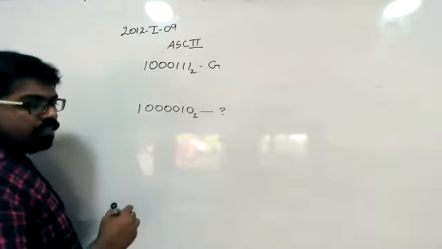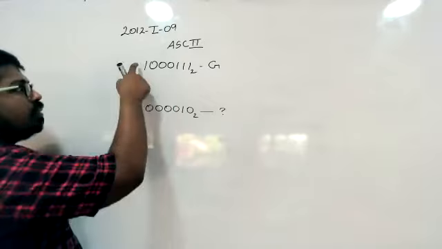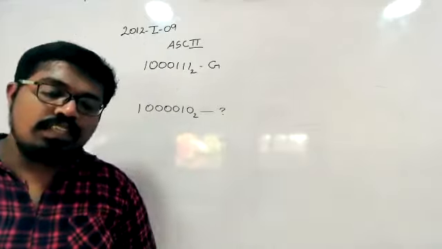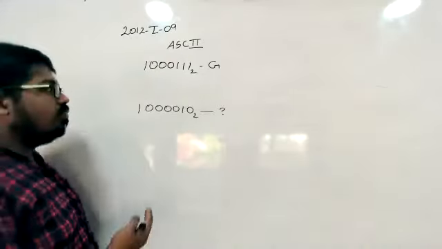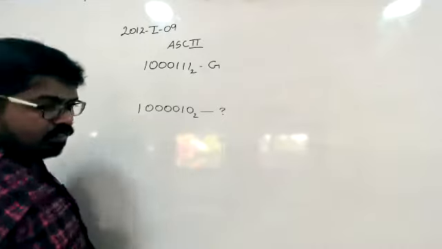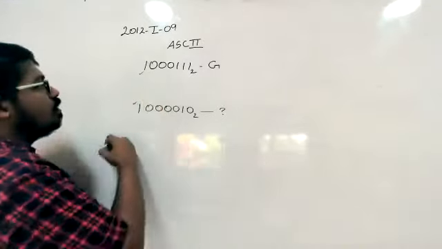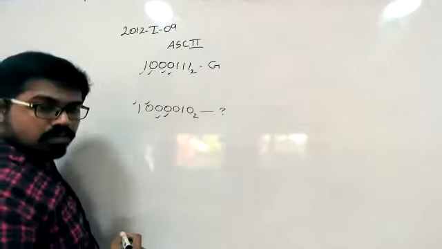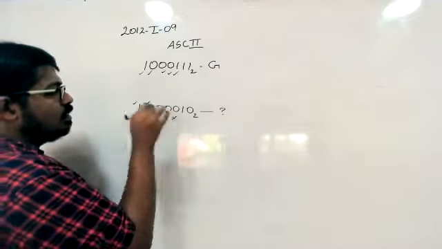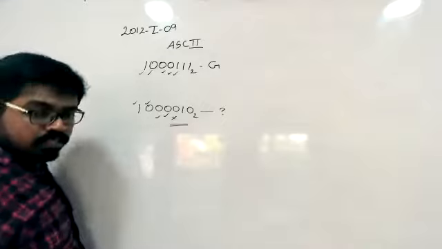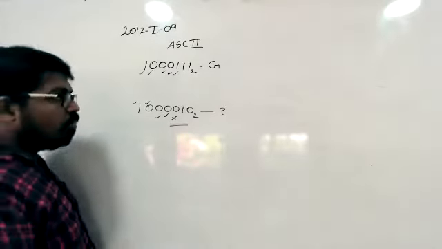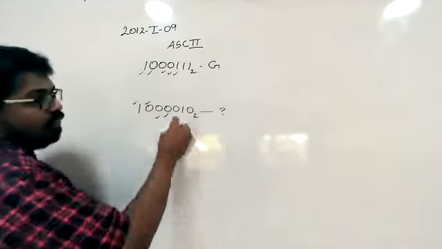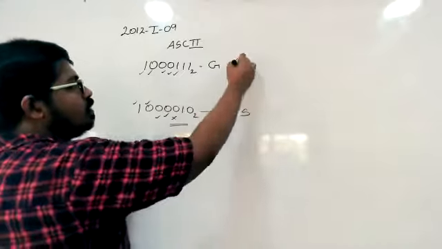In our previous class, I told you how to compare two binary numbers and determine which is the largest and which is the smallest. We have to compare the digits from left to right. Here it is 1, 1, 0, 0, 0, 0, 0, 0. But here it is 1, here it is 0. So this is the smallest number. What you can do is perform the subtraction to get the difference. This is the smaller one, this is the larger one.